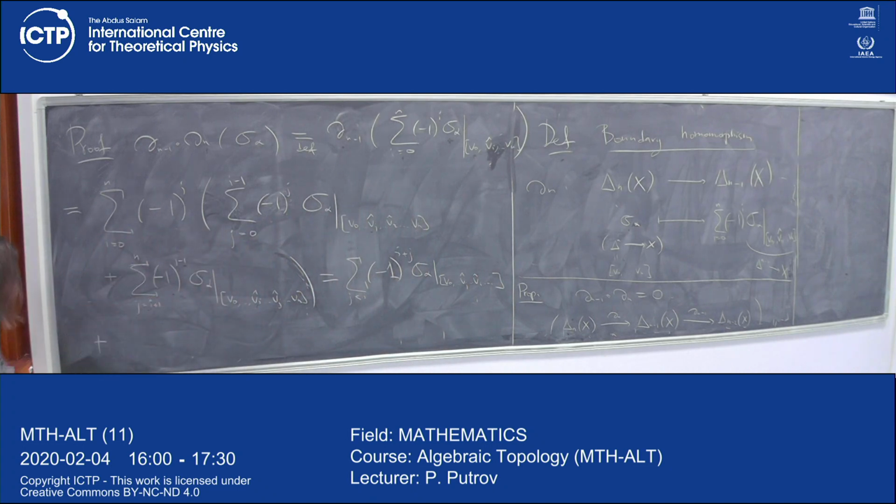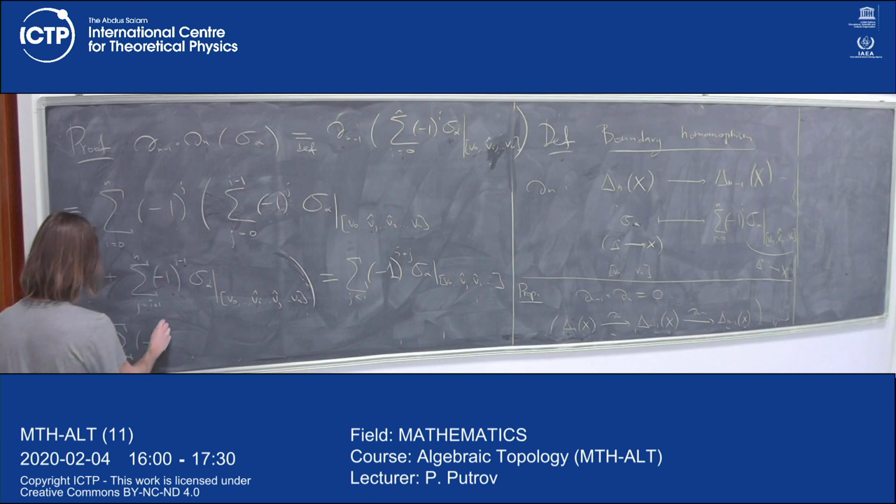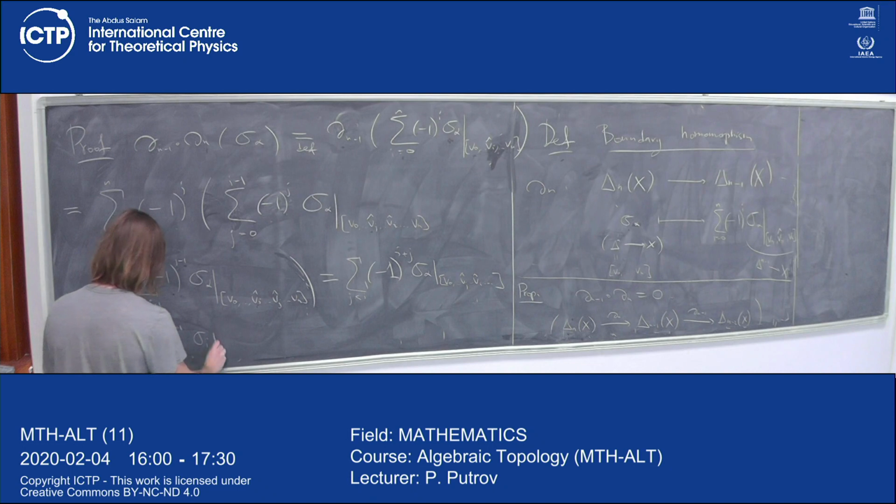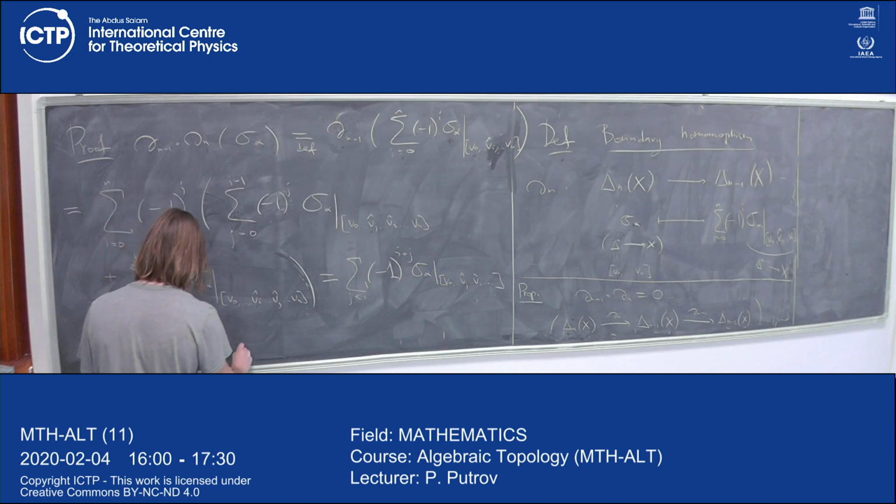I do the same for this one. This can be written as a sum over pairs where j is greater than i. Coefficients will be minus 1 to the i plus j minus 1, σα, and here I remove vi and then vj.